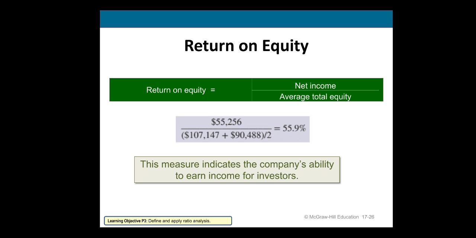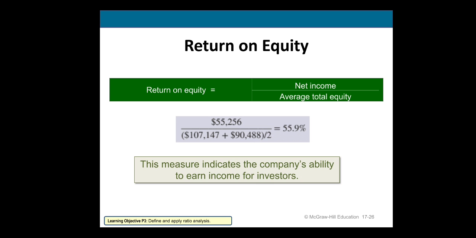So the return on equity ratio compares the net income or net profit with the average total equity of the business. So the higher the return on equity ratio, the higher the ability of the business to generate profit to the investor or to the owner of the business.